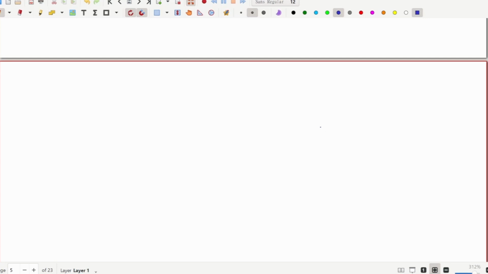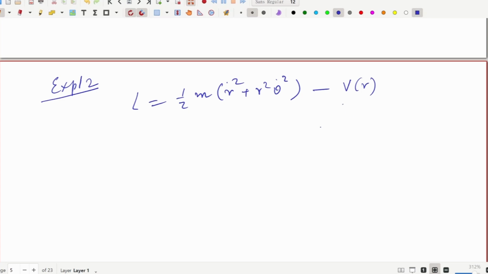So, example 2. We consider a Lagrangian, which let me write as half m times r dot square plus r square theta dot square, minus say V, where V is only a function of the magnitude of the position vector r.